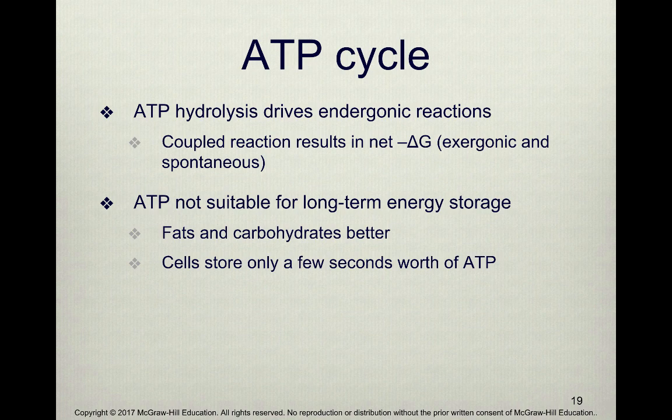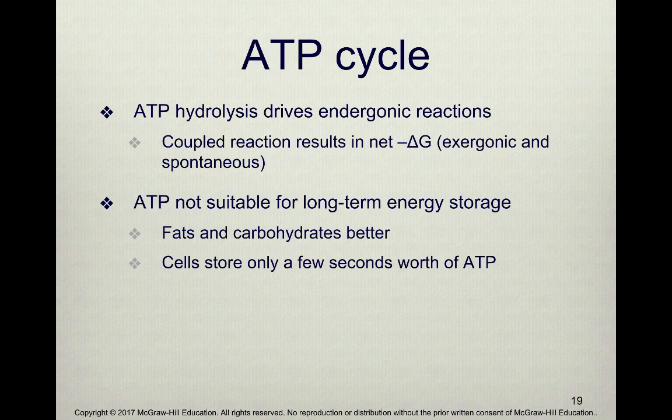By adding a water molecule and breaking off that third phosphate group, that releases some energy in order to fuel an endergonic reaction. So the reaction of ATP hydrolysis coupled with an endergonic reaction results in actually an exergonic reaction, and it would be then spontaneous by looking at the delta G results. So we always couple the hydrolysis of ATP with an endergonic reaction.